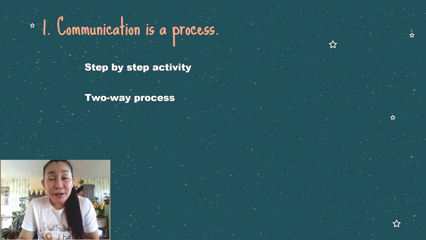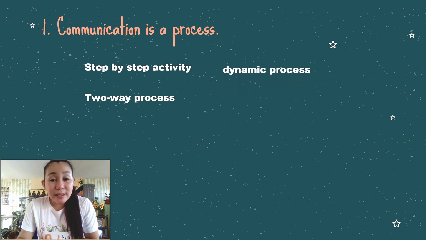Meaning to say, if the receiver of the message does not really pay attention to the sender, then there is a big chance that the idea cannot be understood by the receiver. That is the reason why when we talk to someone or when we intend to listen, we have to pay attention to the speaker.